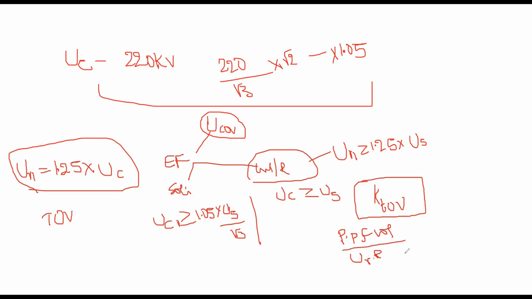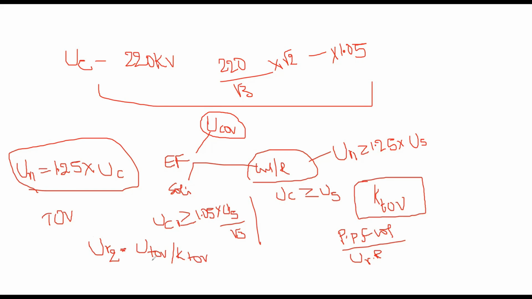We see this from the graph, based on how much time the temporary overvoltages will be there in the system. Based on that, the KTOV will be there. So that is also one more factor to calculate the rated voltage. Rated voltage can also be calculated as UTOV divided by KTOV.